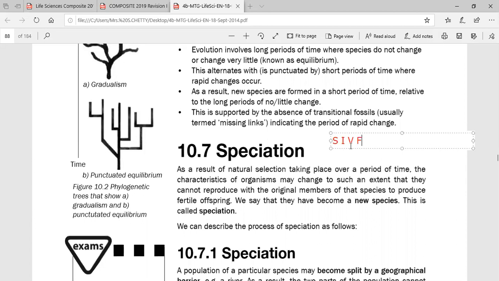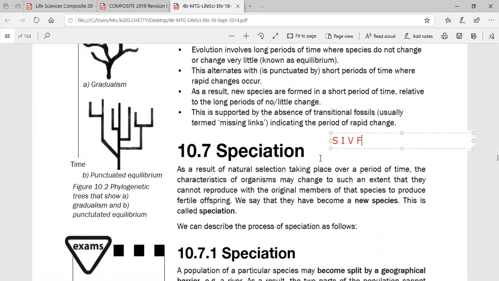Organisms of similar characteristics that are able to produce viable and fertile offspring. When you say viable, they're capable of surviving and living under those conditions. Fertile offspring means they are able to produce more babies. That's the definition of species.